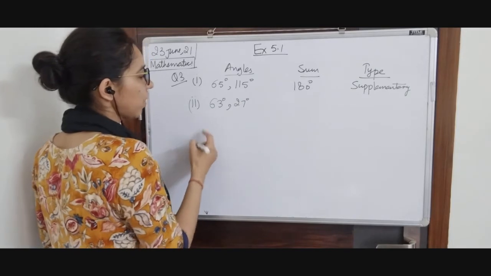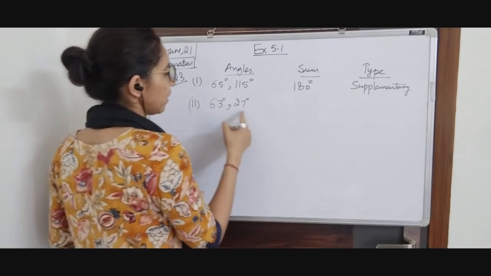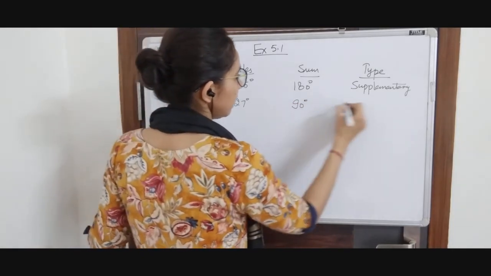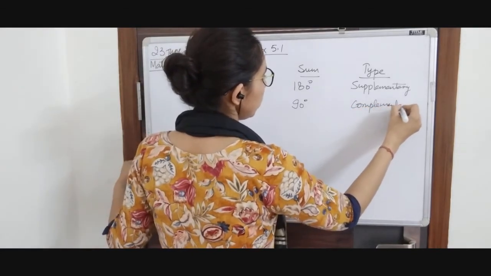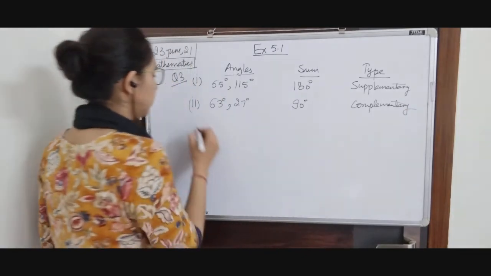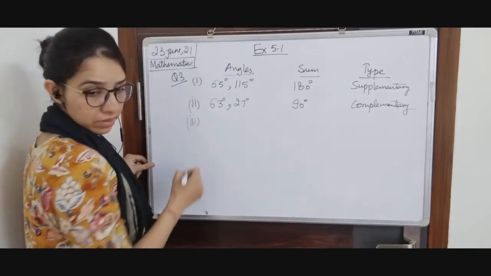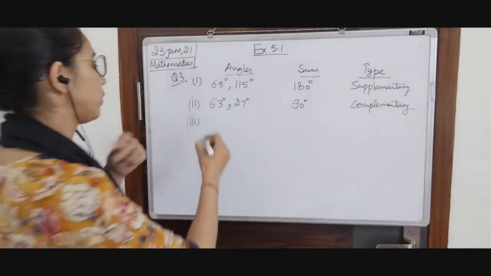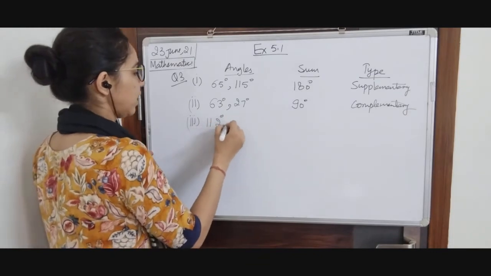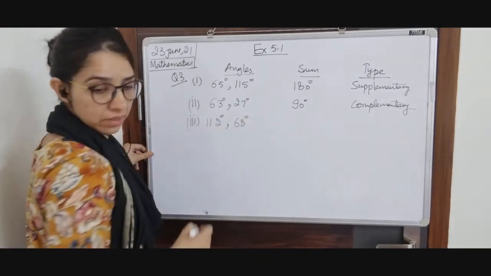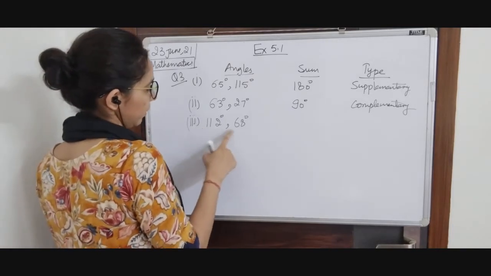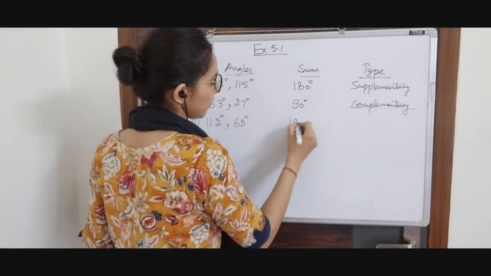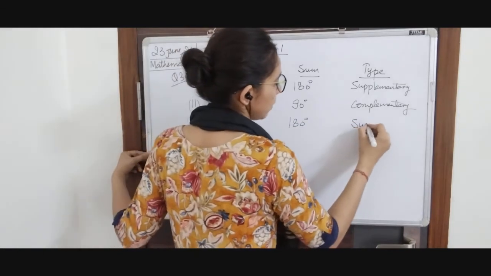I'll add them up: 60, 70, 80 and 90 degrees. 90 degrees means they are complementary. Next, third part, we have 112 and 68 degrees. So 100, 60, 70, 80. So 180. They are going to be supplementary.